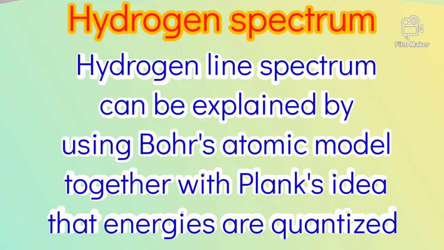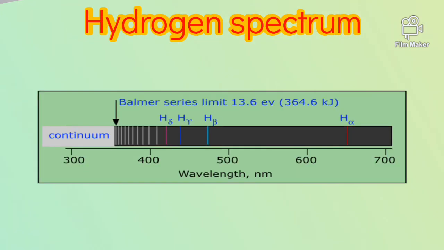Now you can see the hydrogen spectrum. It consists of line series; it is a discontinuous spectrum.